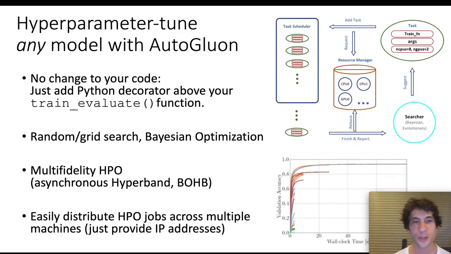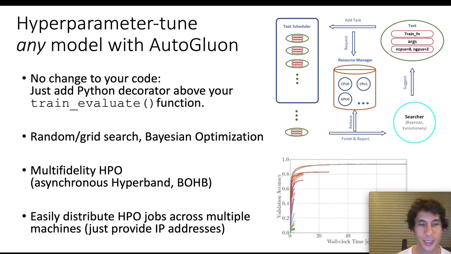It implements numerous hyperparameter optimization algorithms, including random and grid search, Bayesian optimization, as well as advanced hyperparameter optimization methods known as multi-fidelity methods, meaning they operate on proxy measures of performance. For example, if you're training a neural network, you could measure its performance after just a little bit of training as a proxy for how well it might do at the end of training.